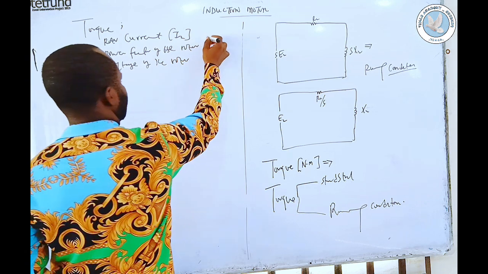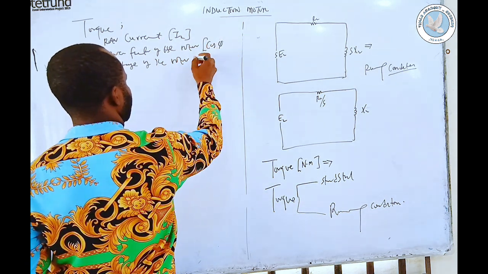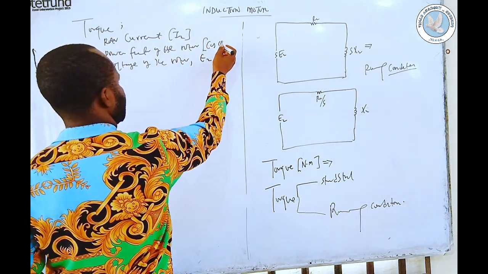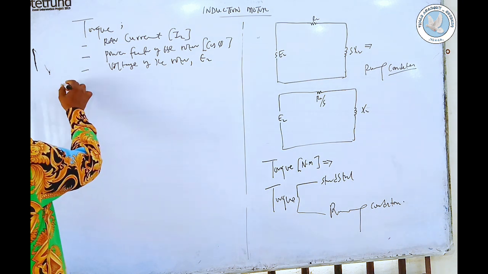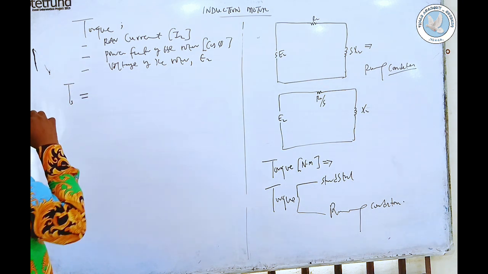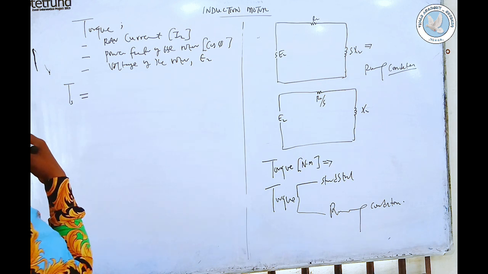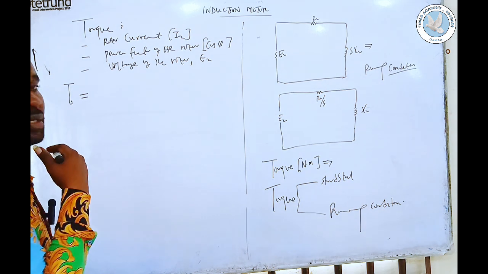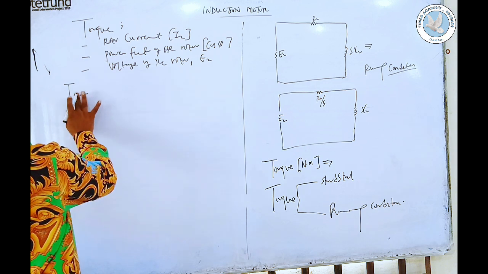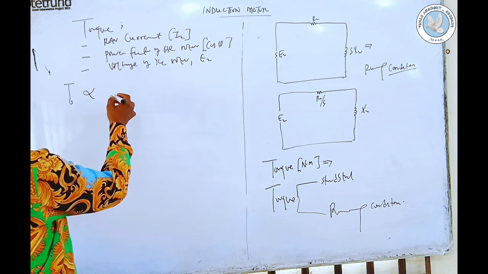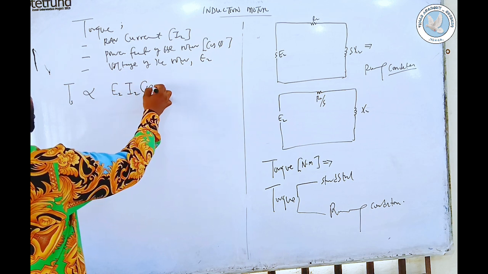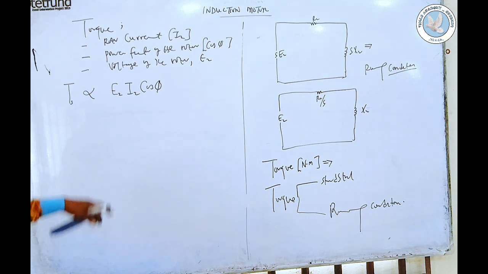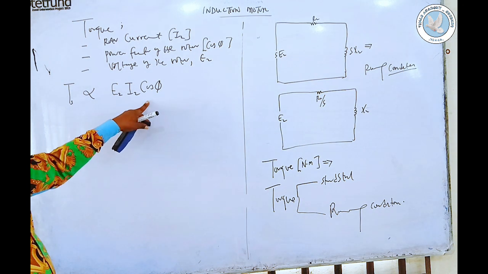This is cos this, and here's the angle between the current and the voltage. So from these three conditions, we can have that standstill or starting torque is directly proportional to this, this, and this. This is the voltage, the current, and the power factor.